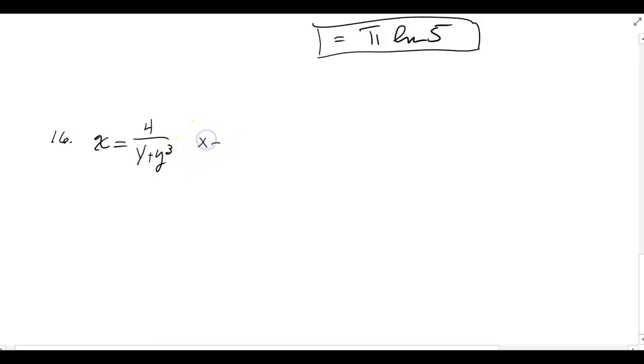Then we have x equaling 1 over square root of 3, and y equals 1. There we go. I'm going to rotate about the x axis.